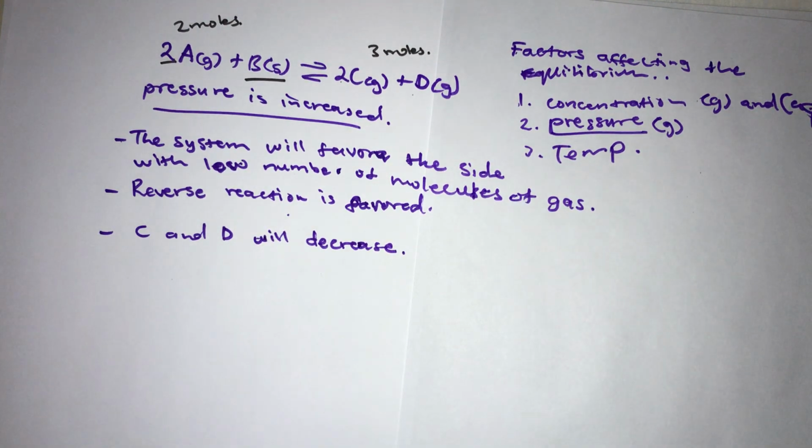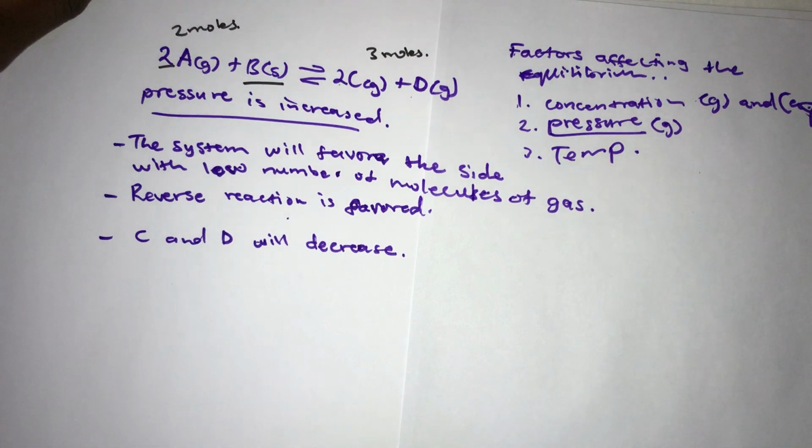It means that we have to make sure that the reactants must increase so that at the end the system is going to be at equilibrium. So the first point here with pressure: when we increase the pressure, the system is going to favor the side with fewer molecules. Point number two, you check which side has fewer molecules of gas.